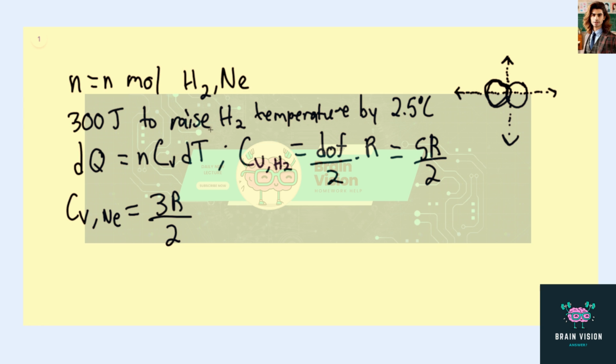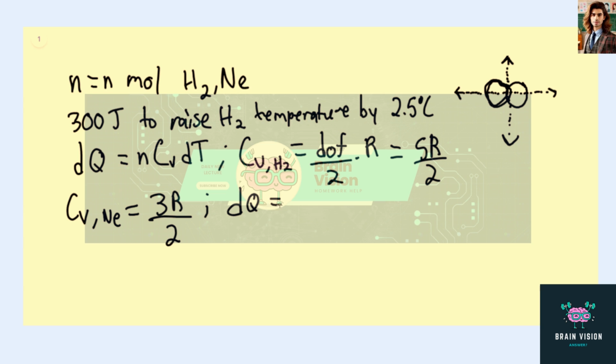And at this point, we can say that the amount of heat required to raise the temperature by dT for hydrogen is the same amount of heat as for neon. So dQ is going to be equal. dT is what we're trying to find, essentially.